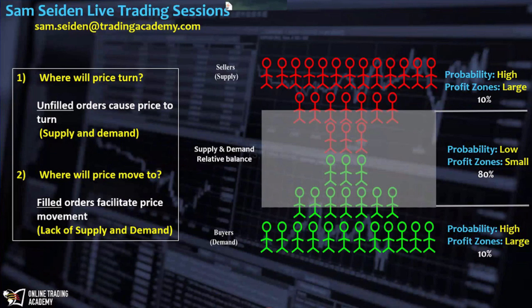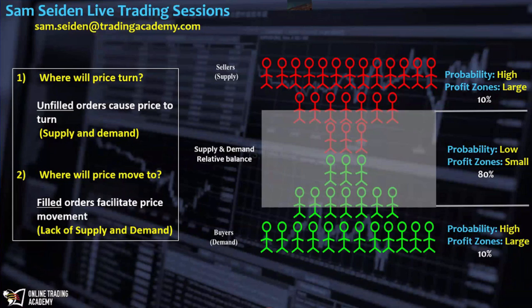Since day one to now, we use the exact same strategy, a very simple rule-based strategy where we apply one strategy to any and all markets for any and all financial purposes, meaning stocks, futures, Forex, options, and of course any time frame for any financial purpose, meaning daily income, weekly income, and longer term wealth building and protection. The strategy, as many of you know, is all based on just pure supply and demand.